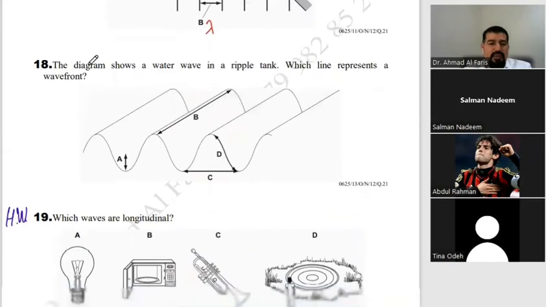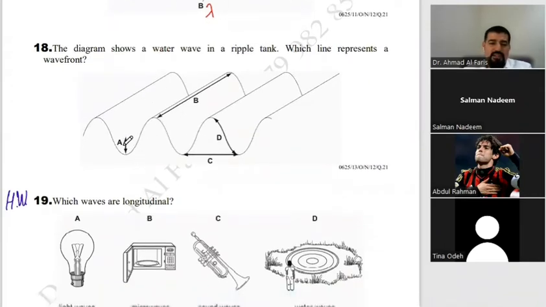Yasmin, the diagram shows water waves in a ripple tank. Which line represents a wavefront here? Bravo Yasmin, bravo Tina, bravo Salman. Now this is the wrist line here in the middle. They want A or B or C or D. Who can tell what's A?